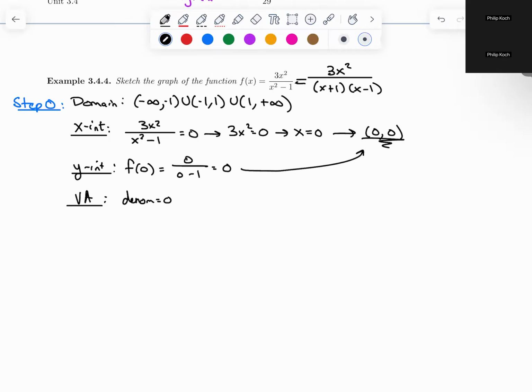There's more nuance to it than that, but for this course, that'll be sufficient. If it's a factor in both the numerator and the denominator, you get a hole instead of a vertical asymptote, but we'll skirt by that. So we have a vertical asymptote where x plus 1 times x minus 1 equals 0, which gives us x equals 1 and negative 1 as vertical asymptotes.